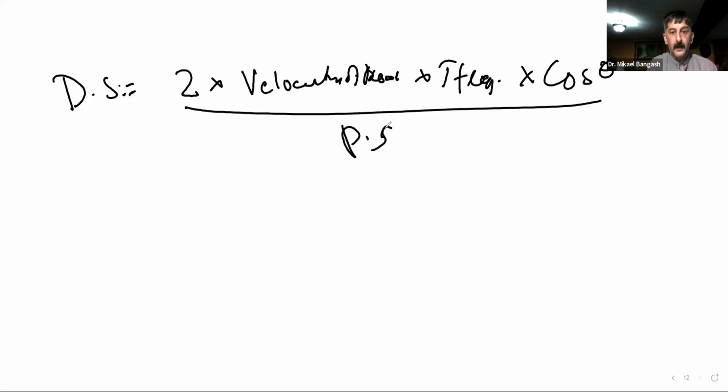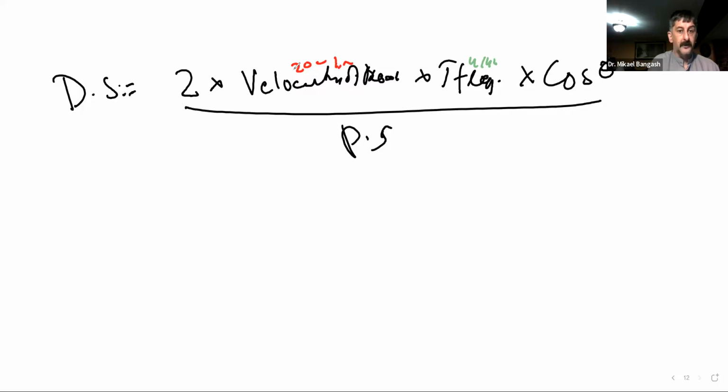Even if the blood had a velocity of, let's say, 20 centimeters per second, and a transducer frequency of, let's say, 4 megahertz.